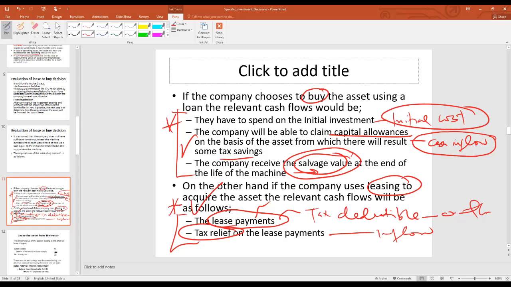Then those are financing cash flows for the purchase option. What cash flow will not be repeating if I decide to lease the asset? Those are therefore financing cash flows in the lease alternative. Once you get to know that, it becomes easy to understand. And don't forget, we discount these financing cash flows at the cost of borrowing, not the weighted average cost of capital, but the cost of borrowing.